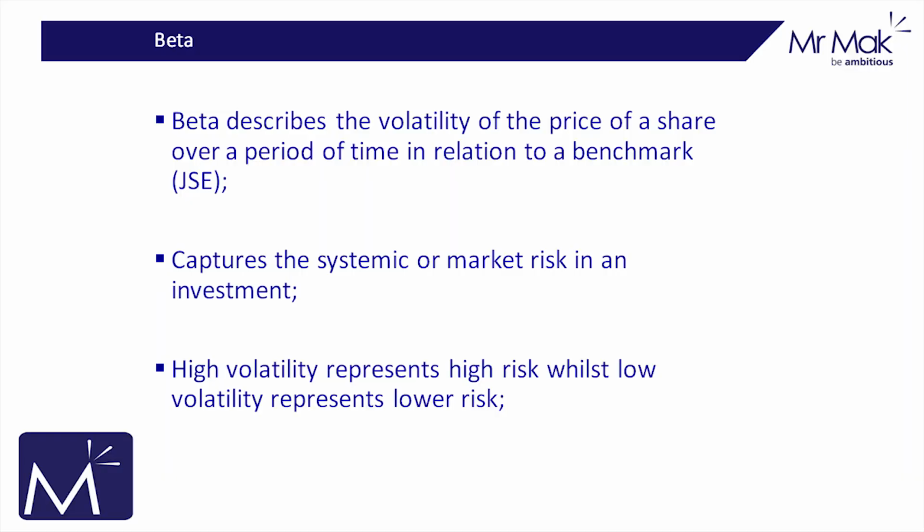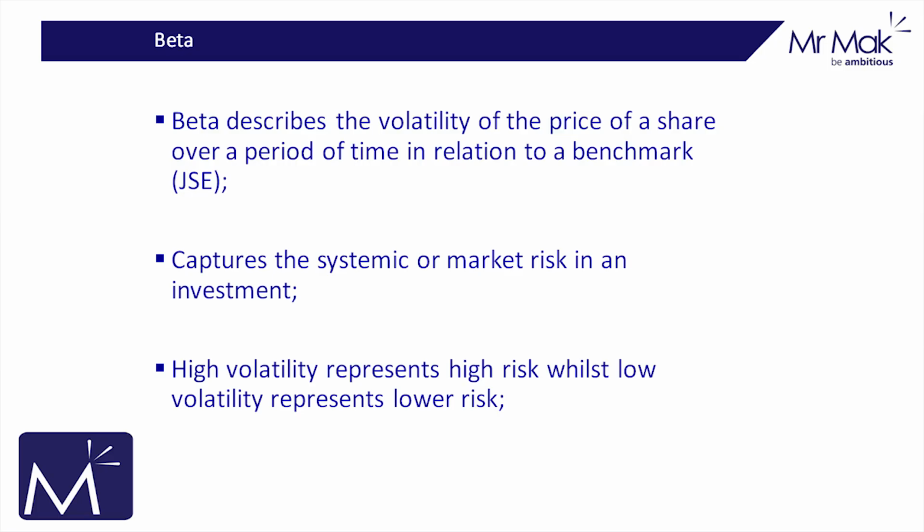Now, what the beta does is it describes the volatility of the price of a share over a period of time relative to other shares within that particular market. It captures the systematic or the market risk in an investment relative to the rest of the market.